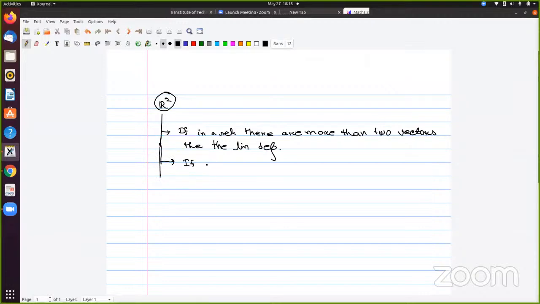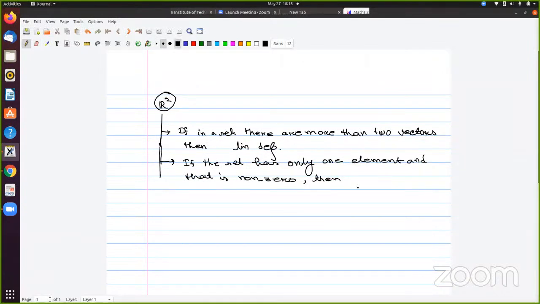If the set has only one element and that is non-zero, then it is linearly independent.